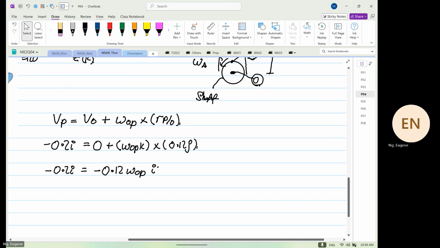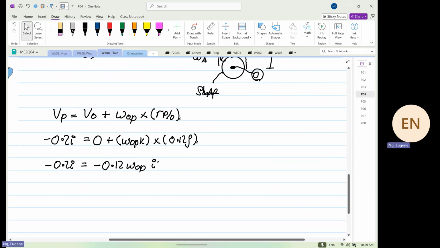Okay. So based on the I component, we have minus 0.2 is equal to minus 0.12 omega OP. Omega OP is equal to 0.2 divided by 0.12.